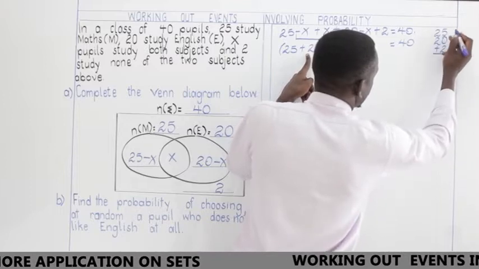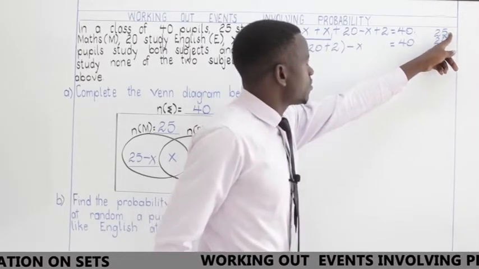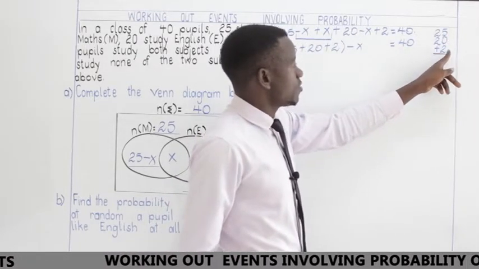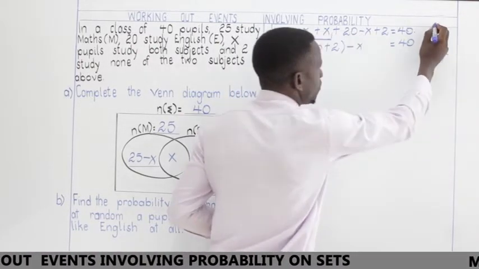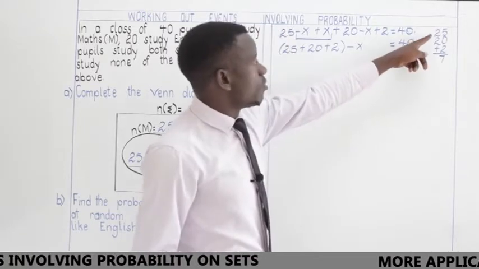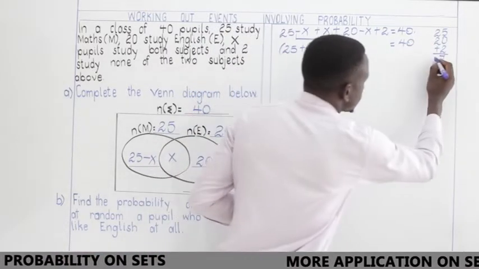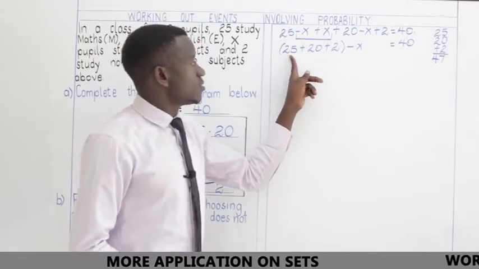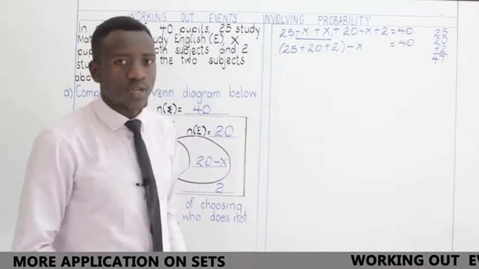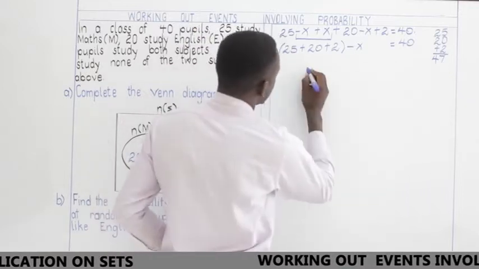So when we add, we shall have the sum of 5 plus 0, which is 5, plus 2, which is 7. Then 4 will be the sum of 2 and 2. So the sum of 25, 20, and 2 is 47.